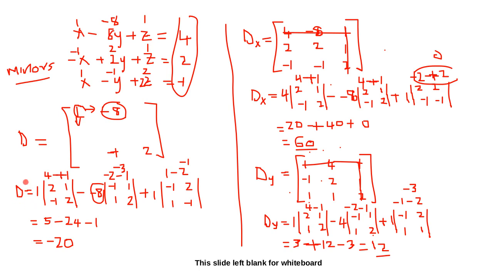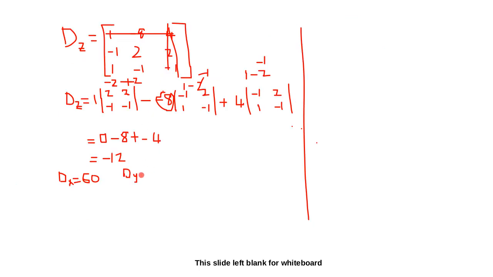So we worked out d as negative 20, dx 60, and dy as 12. So with this now, we can comfortably find the value of x, y, and z.